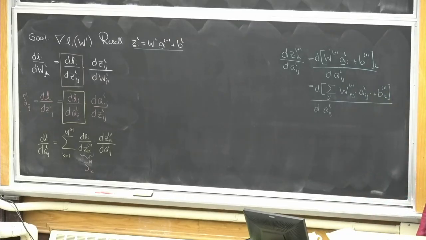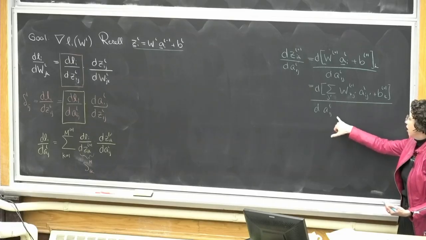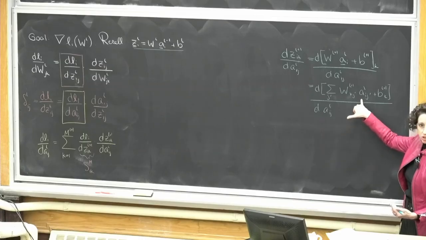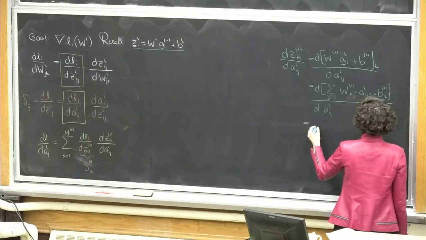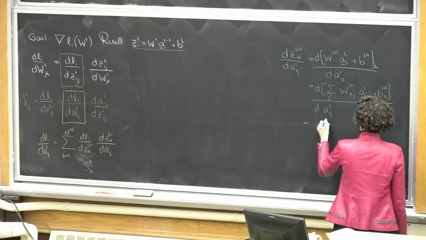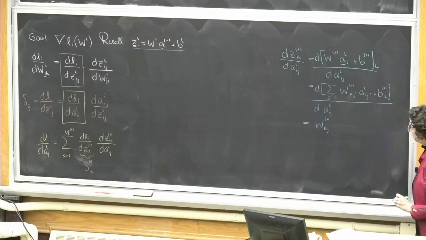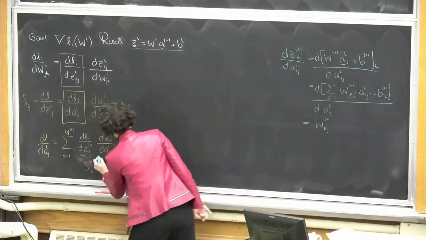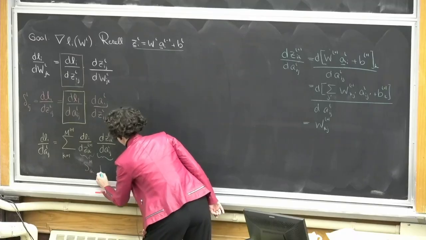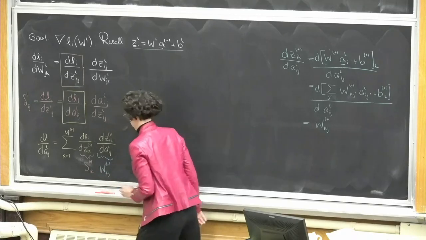Now that we've written it out long form like this, it's clear that in this big sum, there's only one term that varies with a^L_ij. And that corresponds to the term where j prime is equal to j. And so what we are left with is W^(L+1)_kj. And so that is what we are going to put right over here in this expression, W^(L+1)_kj.